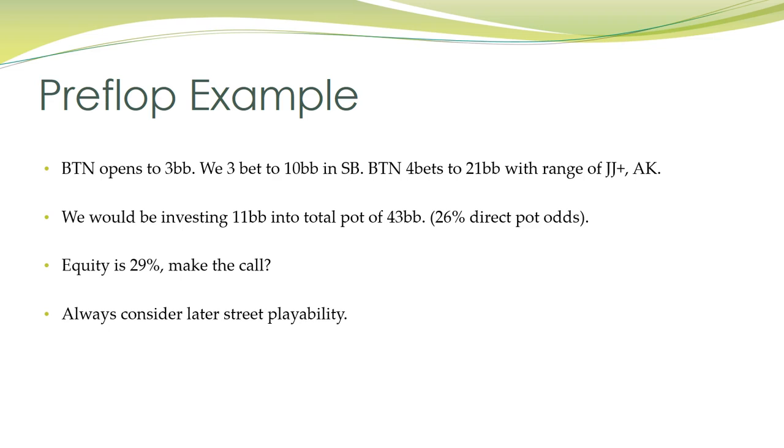We should be seriously considering making a tight fold on the current street, because our losses on the later streets are going to outweigh the fact that we get the direct pot odds. So hopefully you can extract the principles from this. The idea is not that we should necessarily fold King Queen suited to a 4 bet every time. The point here is, despite the fact that we get the right direct pot odds, because of our post-flop reverse implieds, we should be making a tight fold pre-flop.